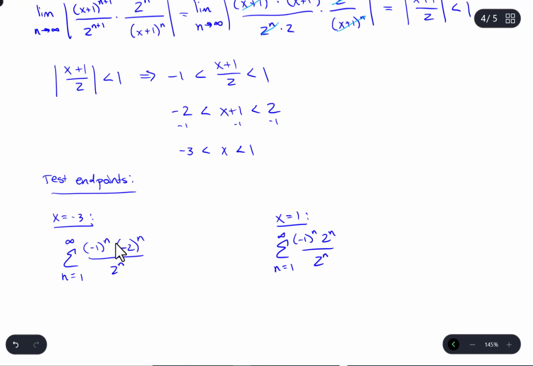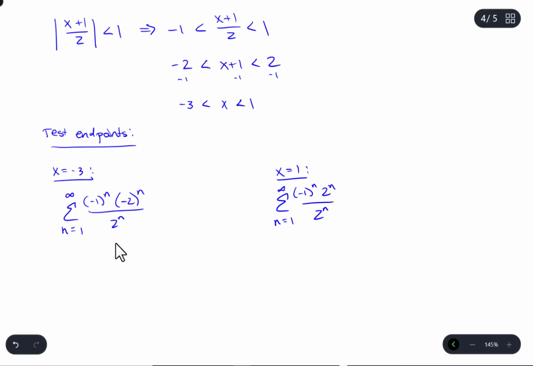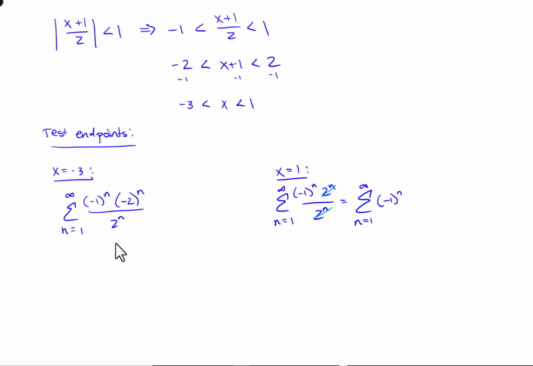And like I said, these things generally very quickly solve themselves. So for instance, here the 2 to the n's cancel, and I'm just left with the infinite sum from n equals 1 to infinity of -1 to the n, which is just -1 plus 1, minus 1 plus 1, minus 1 plus 1. It never converges to a value because it keeps flip-flopping.